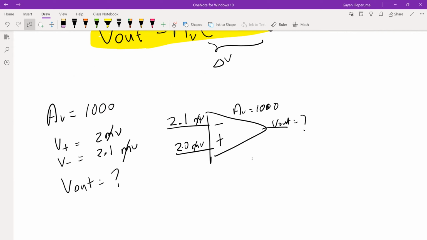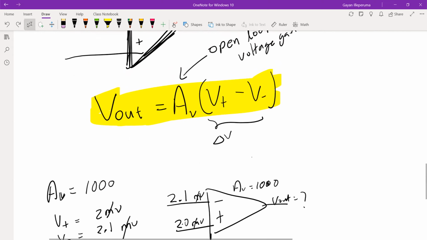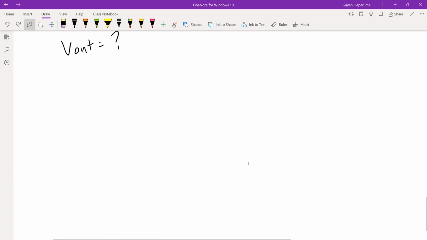No, no, AV means the open loop voltage gain. Usually we use the letter A for gain. So it's 100 volts. Very good, 100 volts. Harini, what about you? It should be minus supply voltage. Yeah, we'll see.